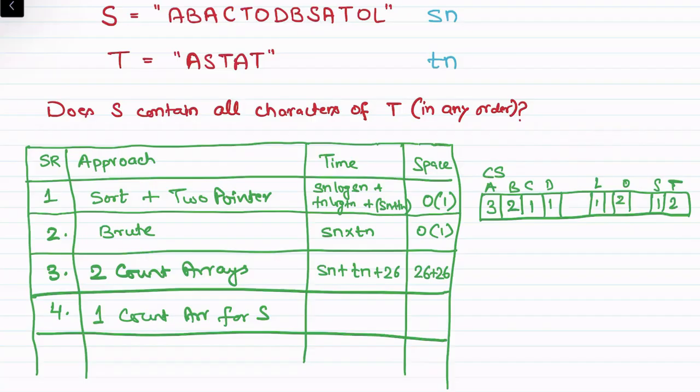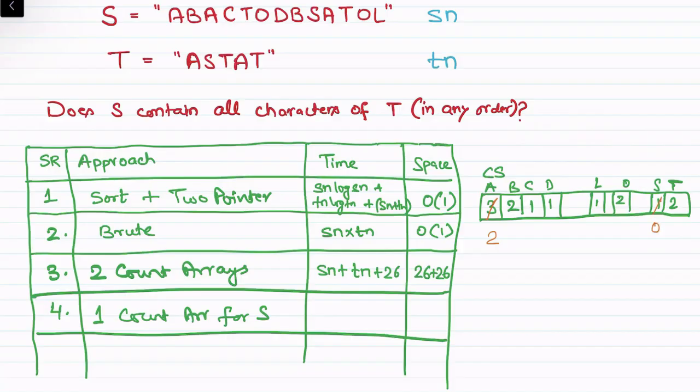Now, if we have the count array of S filled, when we loop over the string T, we can decrement the count of every character. For example, the first character in T is A. We decrement the count of A to 2. That means we have found one A already. Then go to the second character in T, which is S, and decrement the count of S to 0.